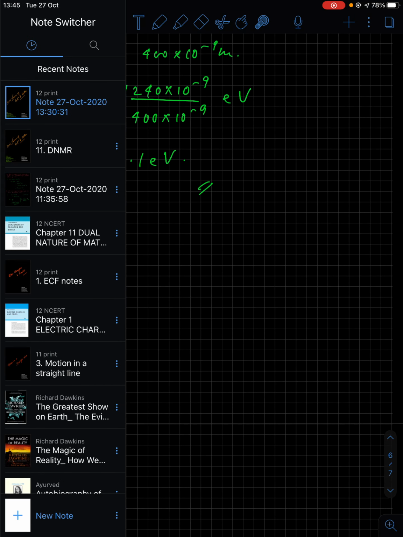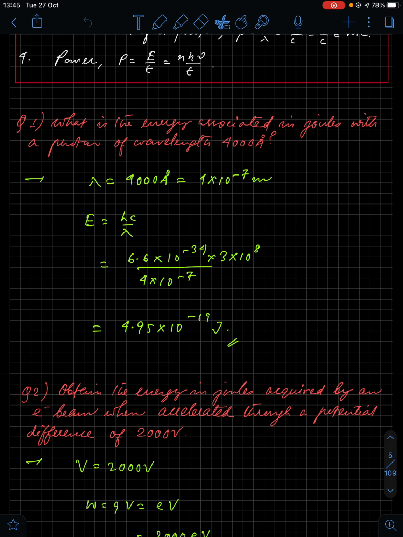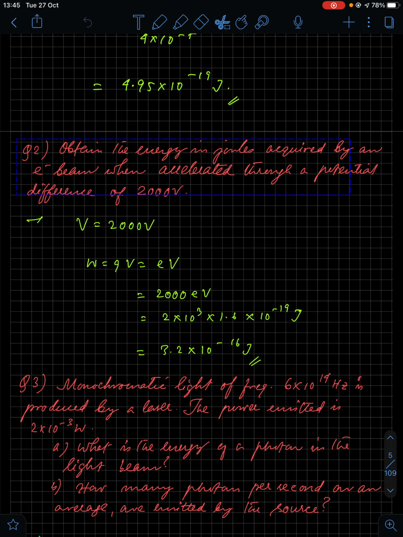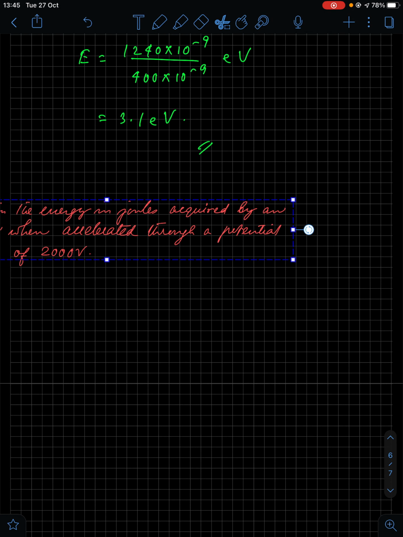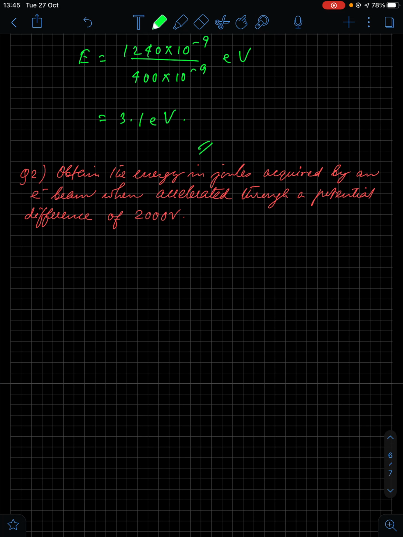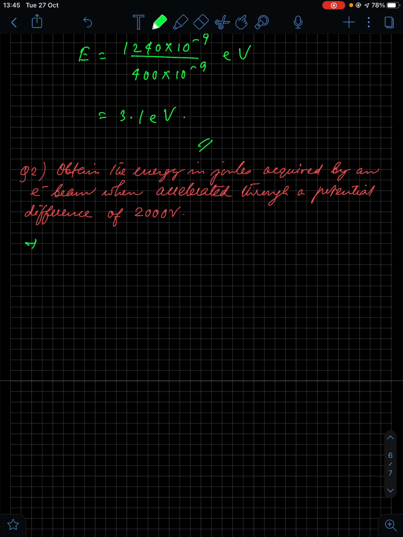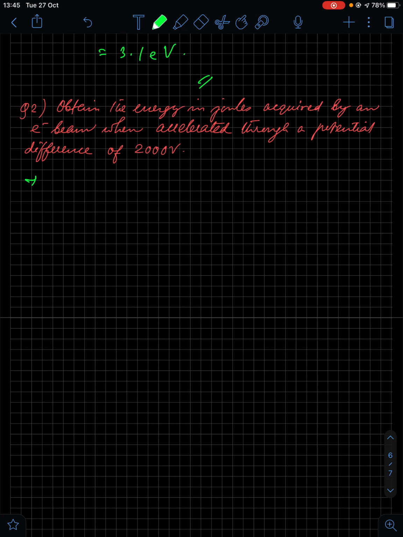So we have question number 2. Obtain the energy in joules acquired by an electron beam when accelerated through a potential difference of 2000 volt. So potential difference is 2000 volt, which is actually 2 into 10 to the power 3 volt. Now if potential difference is that much, you are asked to find out the energy in joule.